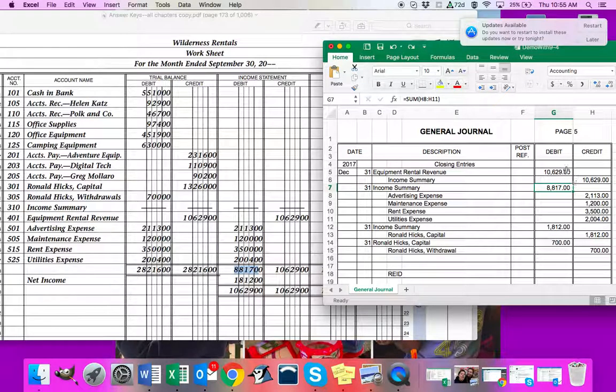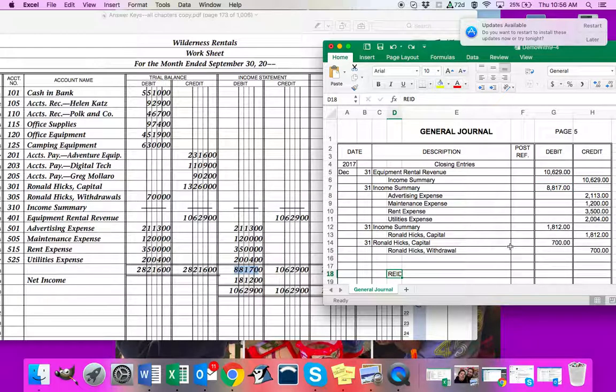Okay, so now my revenue has a zero balance. Now my expenses have a zero balance. But in income summary, we had $10,629 credit and a debit of $8,817. If you subtract those two, we still have a credit balance of $1,812. And the A in READ is our income summary.